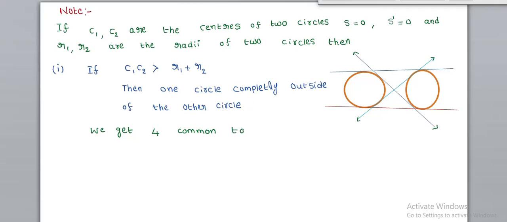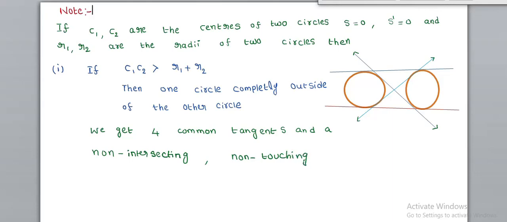Four common tangents and a non-intersecting, non-touching system. Okay, this is the first formula.